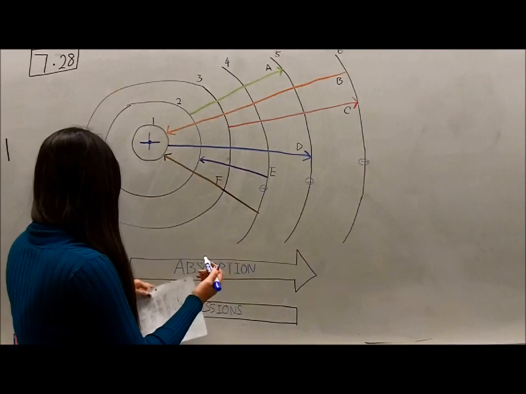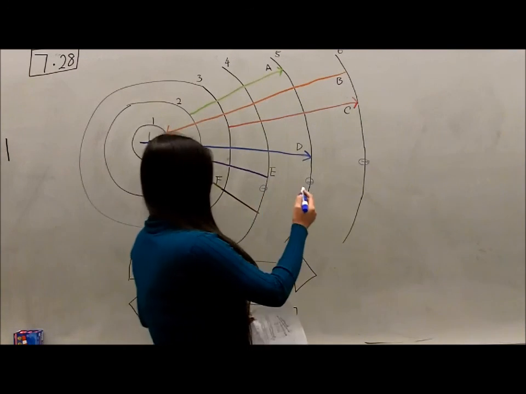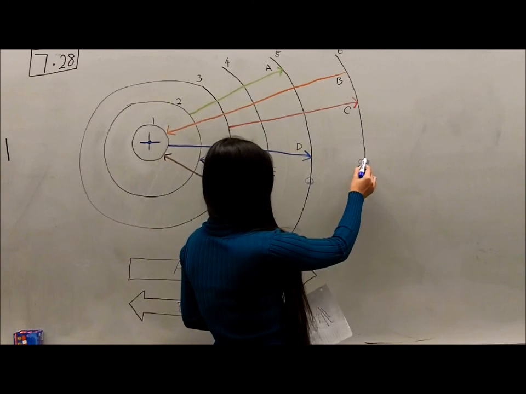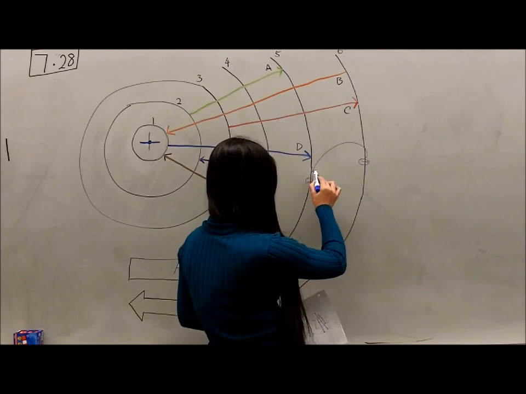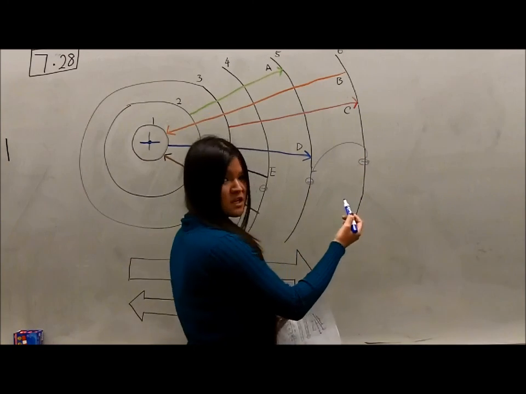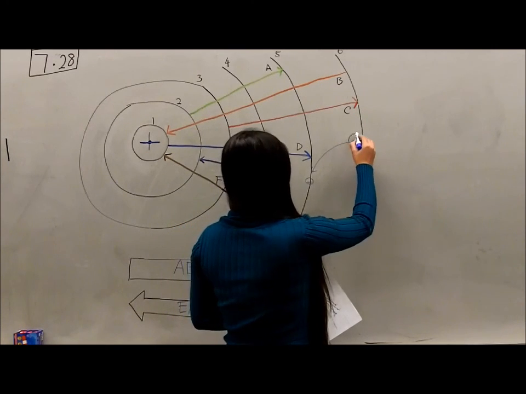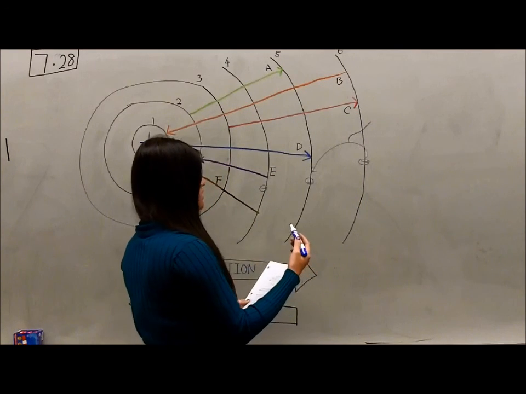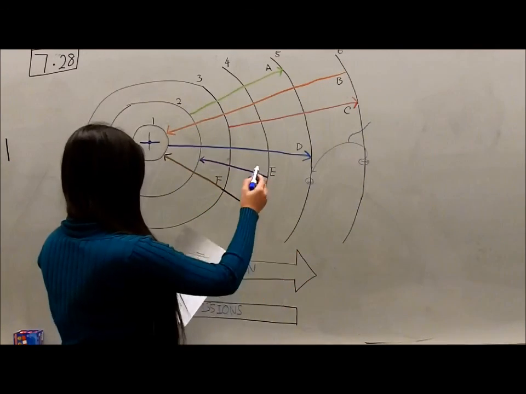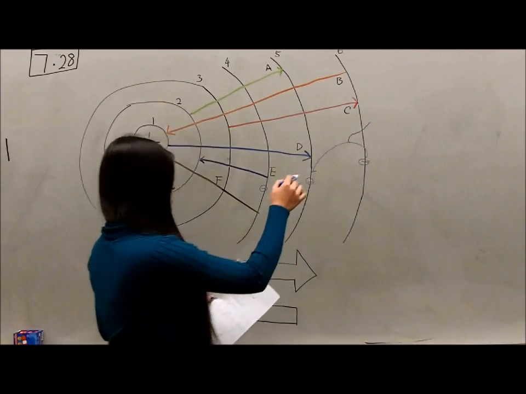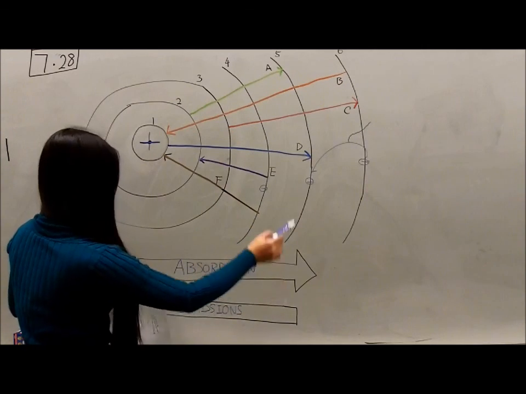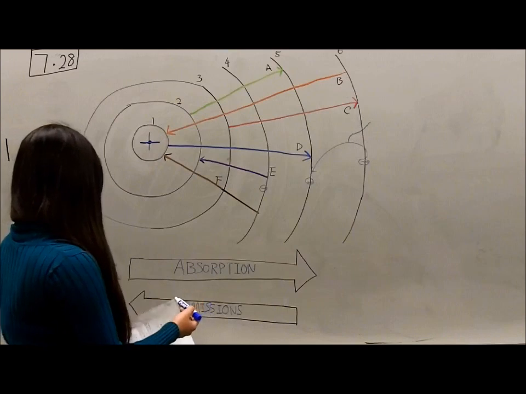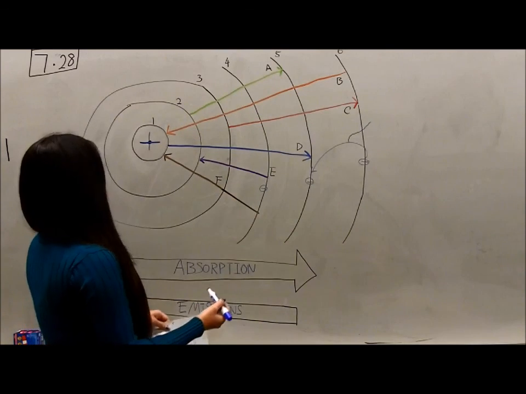So that's absorption. And emission, in this case, when you want to go from a higher energy level back down to a lower energy level, because of conservation of energy, some of the energy has to be released as some sort of heat or light or anything. So this will emit a light or something. Which is why from outside in is emission. So part A asks which one is absorption, which one is emission.